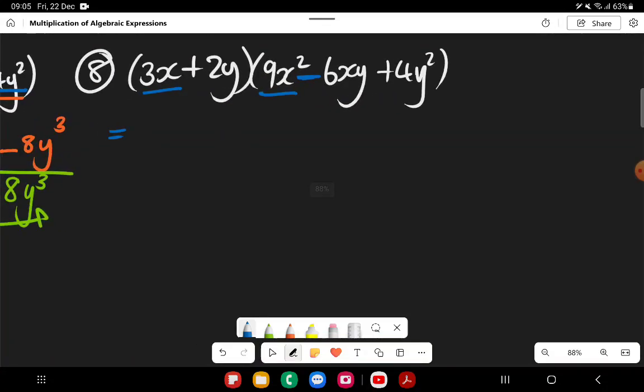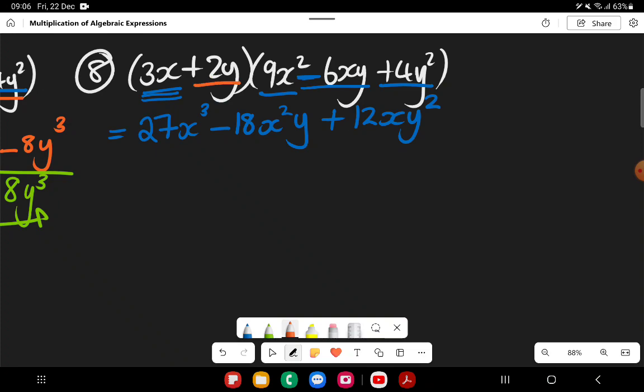So 3x times 9 is going to be 27x cubed. 3x times negative 6xy, that is going to be negative 18x squared y. 3x times 4y squared, that is going to be positive 12xy squared.